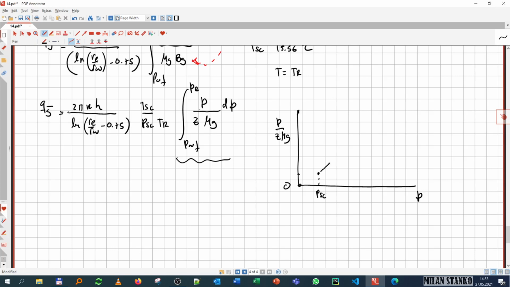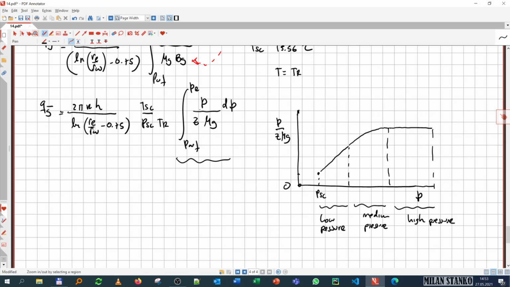And then you will see that you have first a straight part, which is the low pressure. Then you have a curved and nonlinear part, and then it becomes relatively constant. So that's the behavior of the function: low pressure, medium pressure, and this is high pressure.